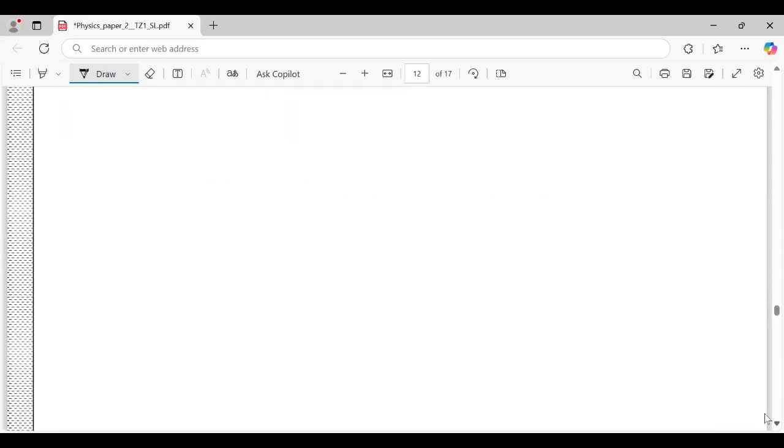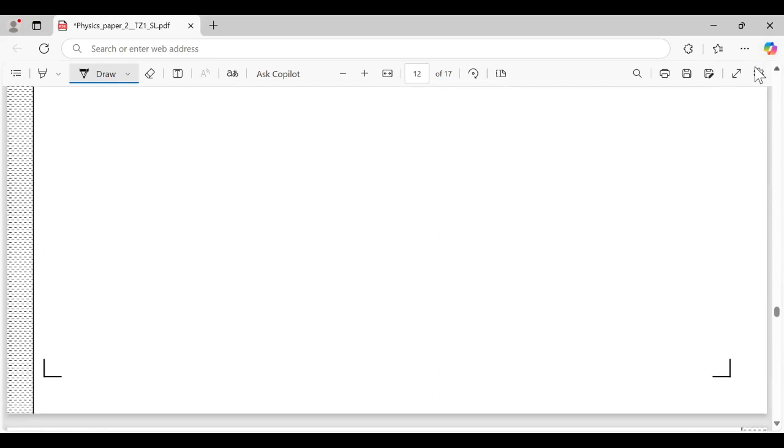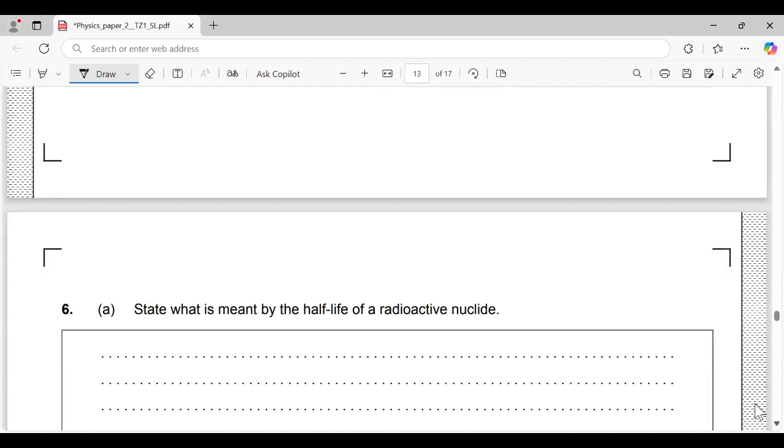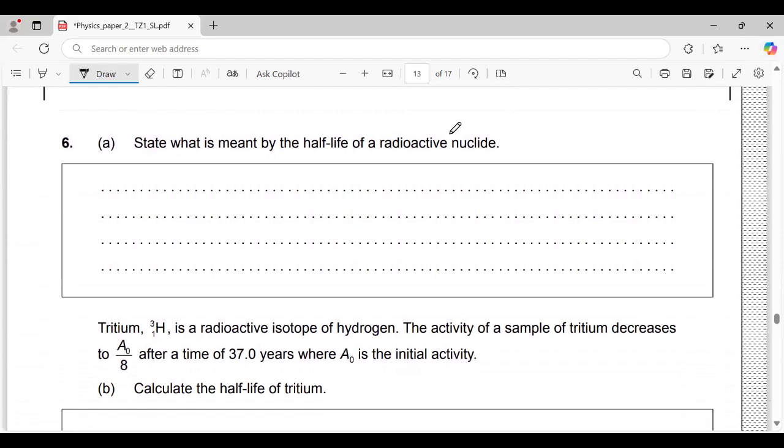What else? Number 6. We're going to continue with number 6. Number 6A: State what is meant by the half-life of a radioactive nuclide.